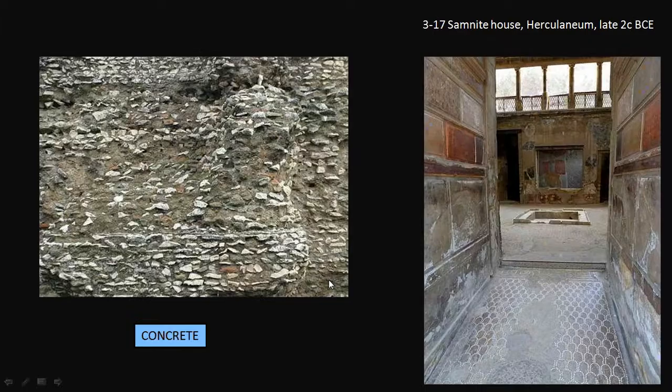Another thing to mention about early Roman building is the importance of another innovation that they brought to the Western tradition, and that's the use of concrete. There's a discussion of this in your text. Roman concrete were larger rocks and pieces of pottery that were held together by ash.